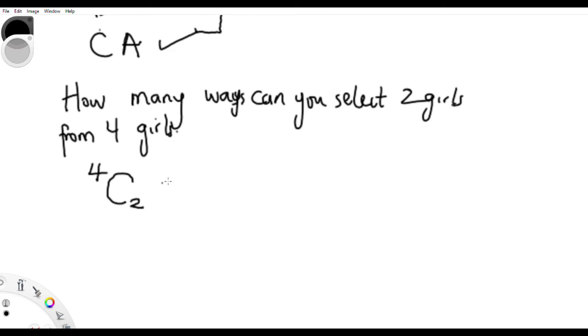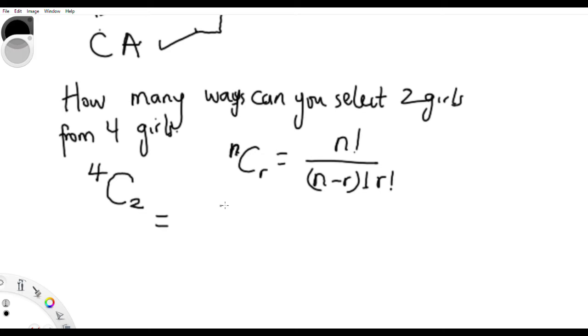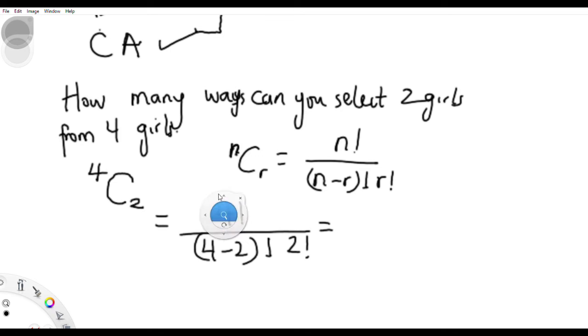Okay, now the formula for combination is, if you have n combination r, that's n factorial over n minus r factorial times r factorial. So from this, then you have 4 factorial over 4 minus 2 factorial times 2 factorial. Then you solve it.